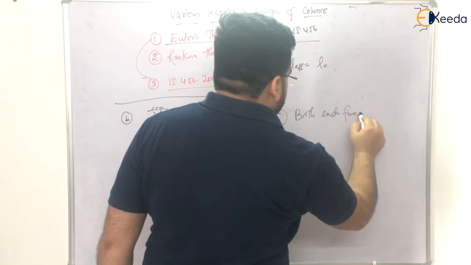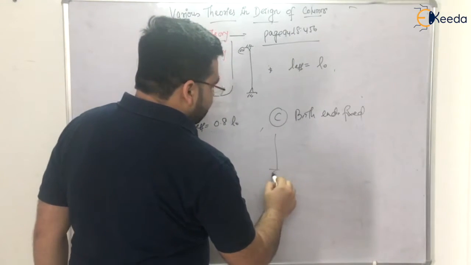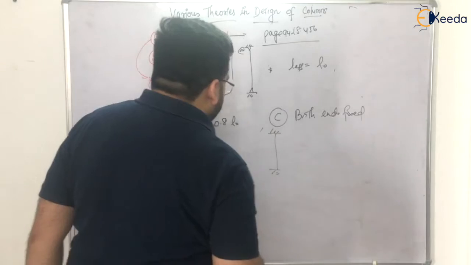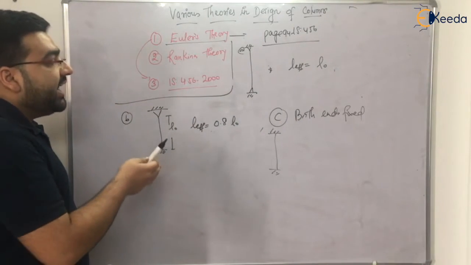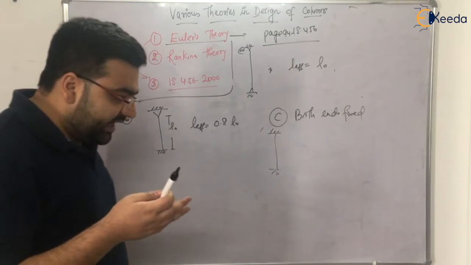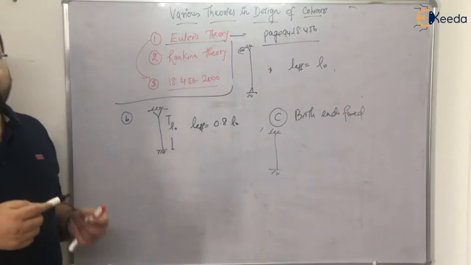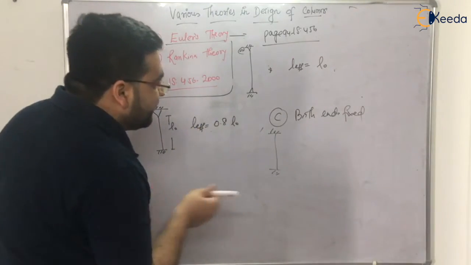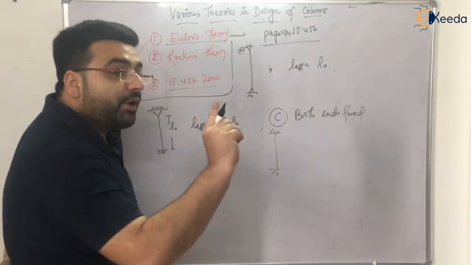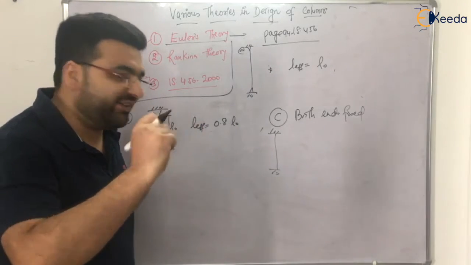Both ends fixed. Let us say this is fixed and this is also fixed. So if both the ends are fixed, what will you be getting? In case of your theoretical values, you were getting 0.5. But in case of IS 456, you will be getting 0.65, not 0.5. Clear?